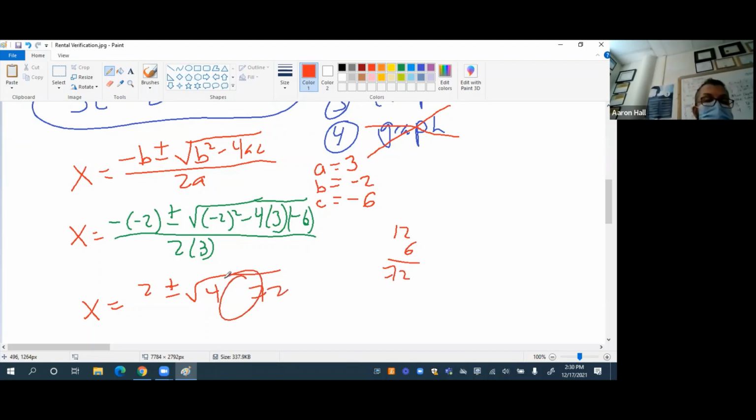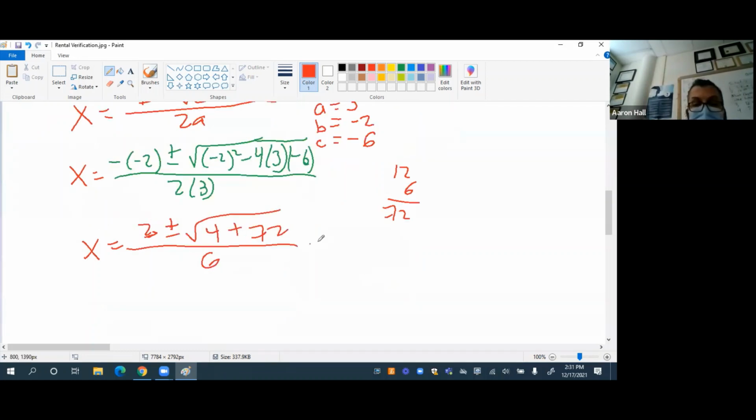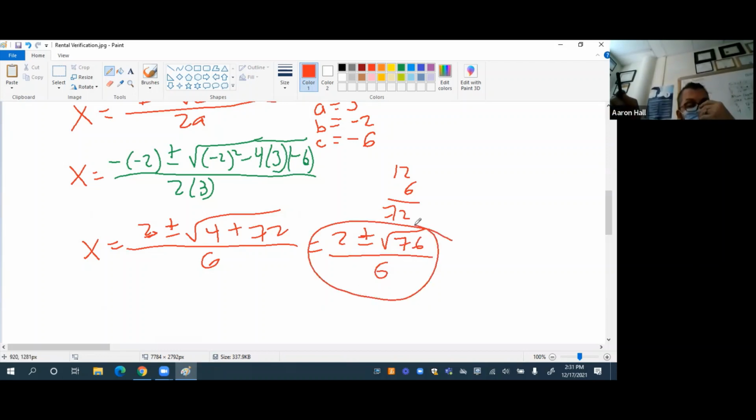What's this plus or minus 72? Yeah, because I have a negative times a negative, which is a positive, so that's a plus. Over 6. Now what? So I have 2 plus or minus the square root of 76 over 6. Can this be simplified anymore?